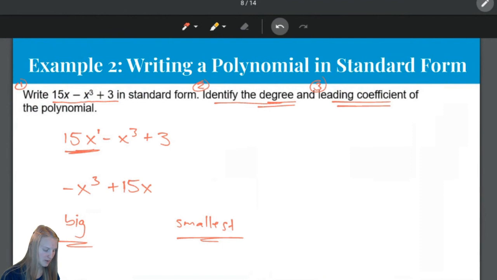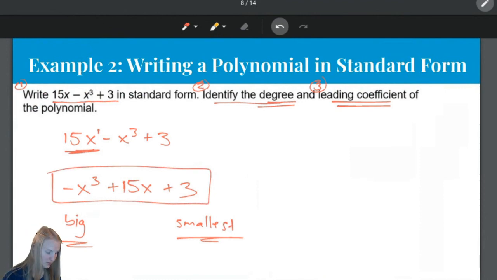So 3 is our smallest term. Or excuse me, the term 3 has the smallest degree. So now we have written it in standard form. It goes 3, 1, 0. So biggest number over here, smallest number over here. Woohoo! That's part 1 done. We have written the polynomial in standard form.